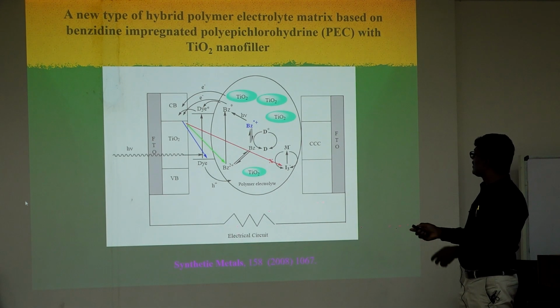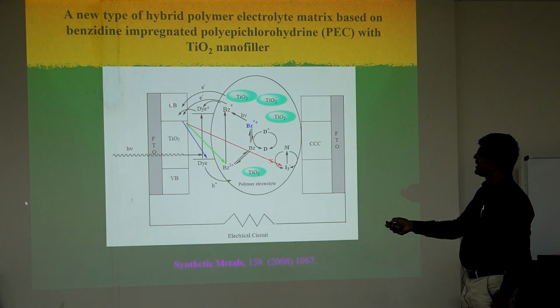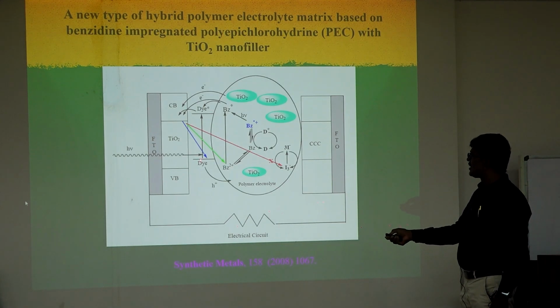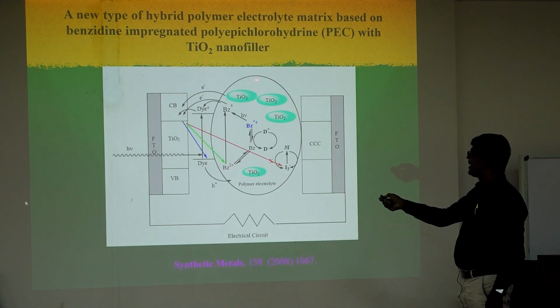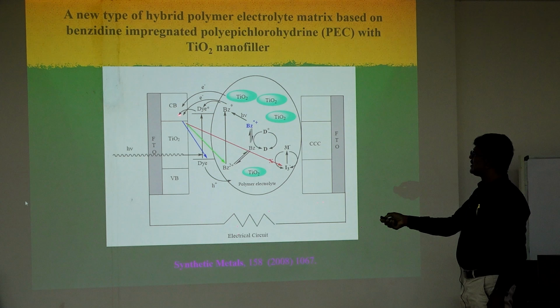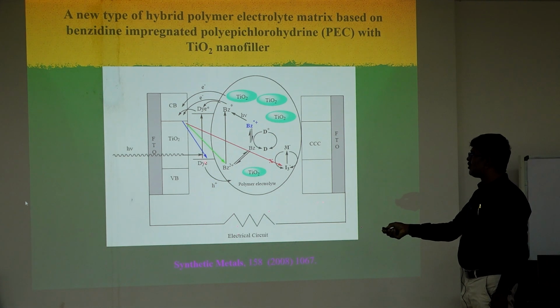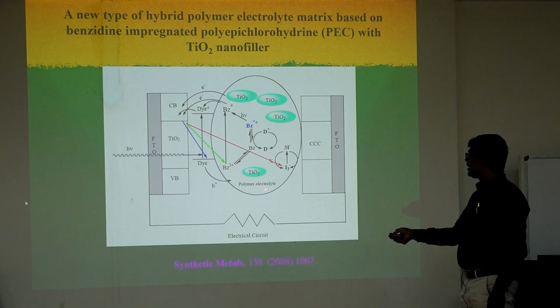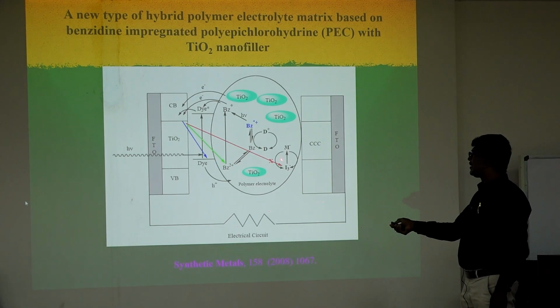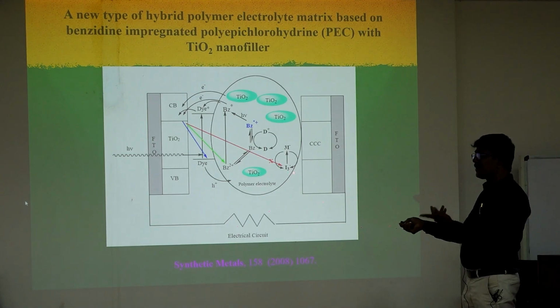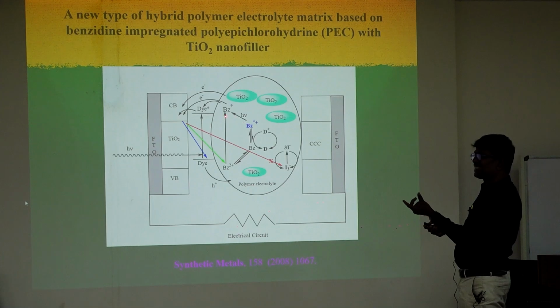I told, remember the first step, the dye molecule goes to the conduction band and comes to the downside, the black one, or comes to the electrolyte, the green one. So when this compound is used as the polymer electrolyte, what happens here? This dye molecule comes here, it once again pumps electrons. You can see here, this comes to the ground state. Liquid electrolyte iodine won't react here because we are not using iodine here, we are using an iodine mixture actually.